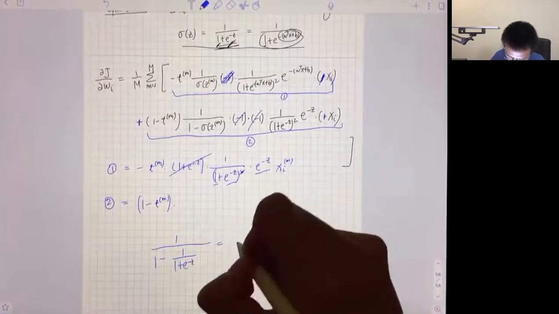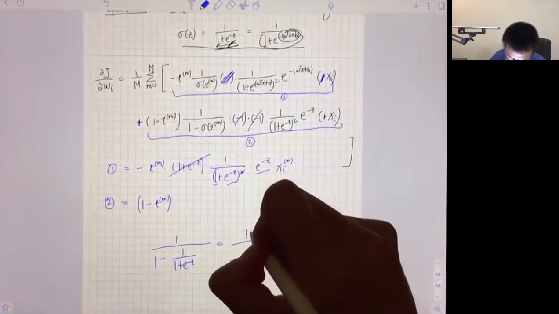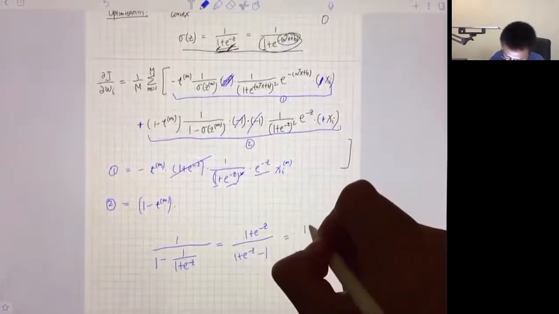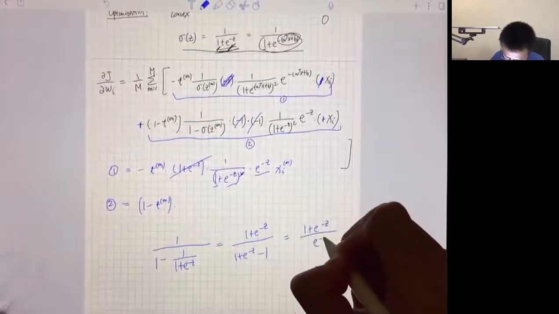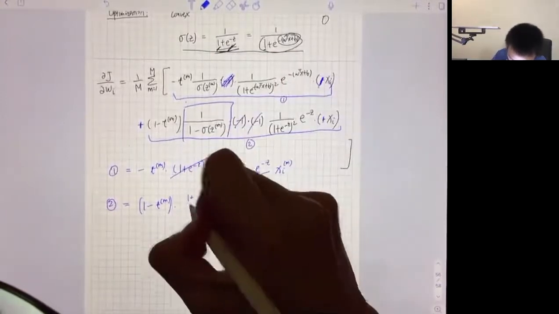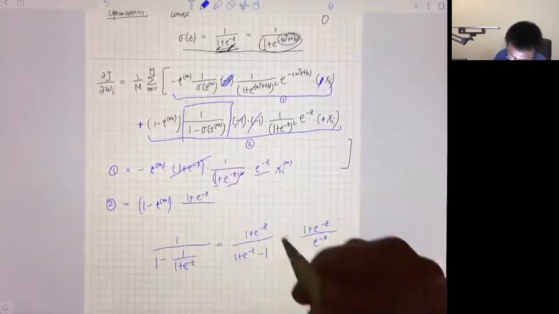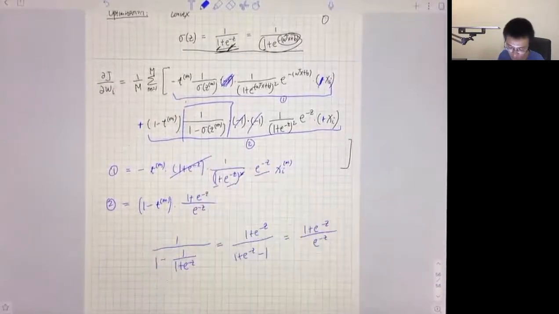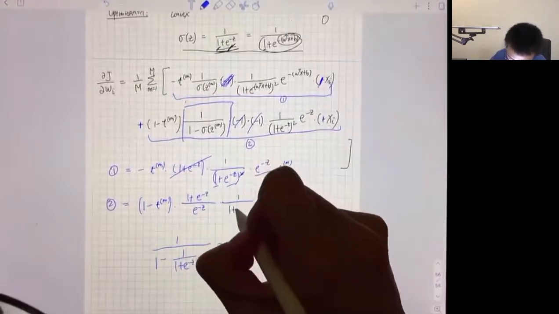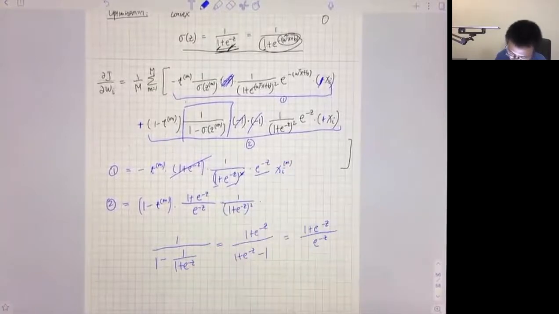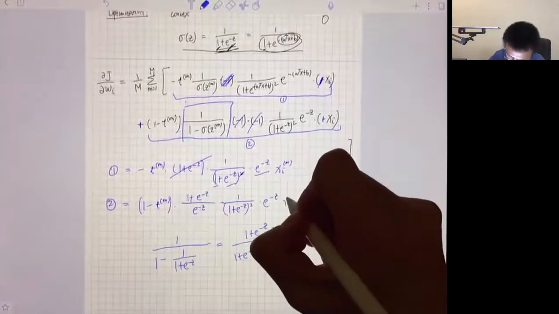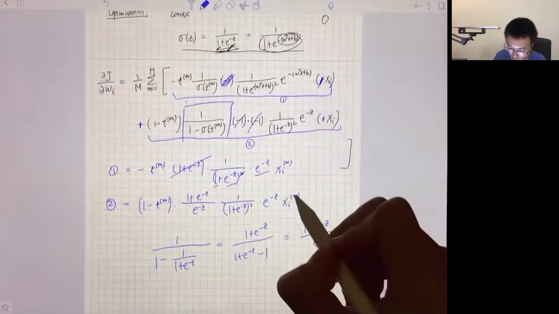Then I can multiply both the numerator and the denominator by 1 plus e to the minus z. Then it's 1 plus e to the minus z minus 1. It gives me 1 plus e to the minus z divided by e to the minus z. So this term is actually 1 plus e to the minus z divided by e to the power of minus z. And this term is actually 1 plus e to the minus z squared. And e to the minus z, I can cancel them out. So x_i, of course, to the power of m, the m-th sample.